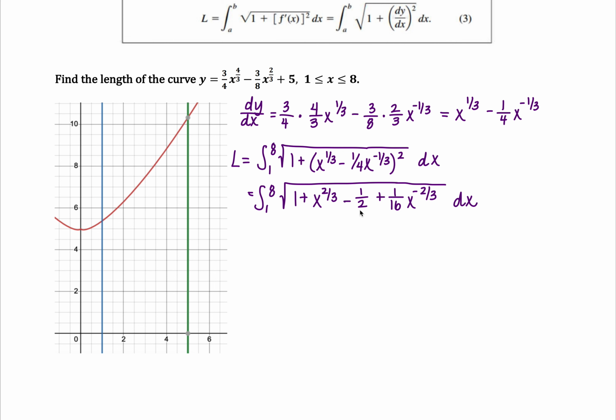Keep in mind the inside terms, when you take x to the 1/3 times x to the negative 1/3, you're going to add the exponents, you end up with x to the 0 power, which is 1. That's why we don't have an x term in the middle. Now taking this, adding the 1 and the negative 1/2, is going to give us x to the 2/3 plus 1/2 plus 1/16 x to the negative 2/3.